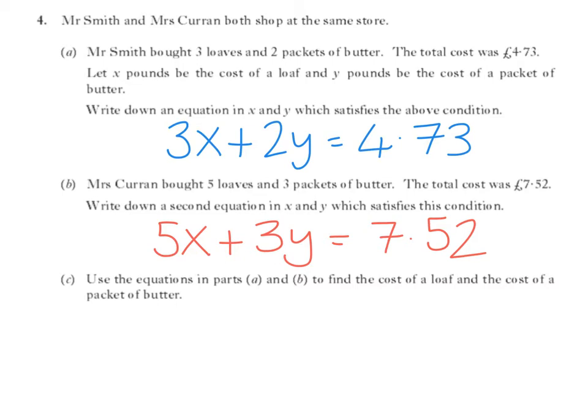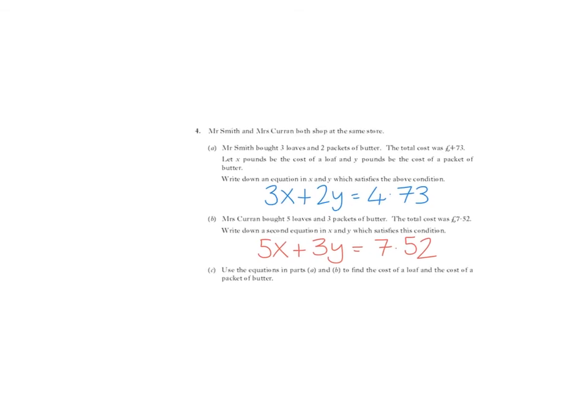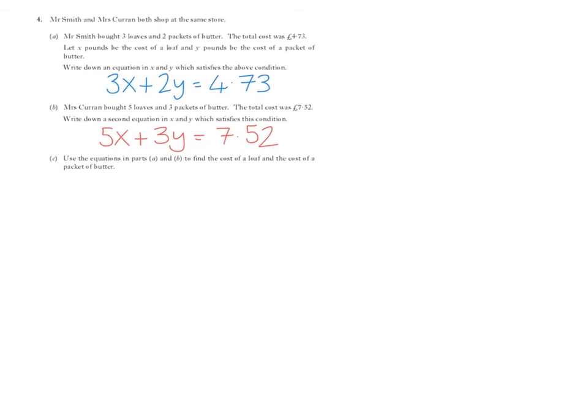Part C, use equations in parts A and B to find the cost of a loaf and the cost of a packet of butter. So this is obviously a simultaneous equations question. We have our 2 simultaneous equations to work with. So we'll write these down together and look to cancel out either the x's or the y's.